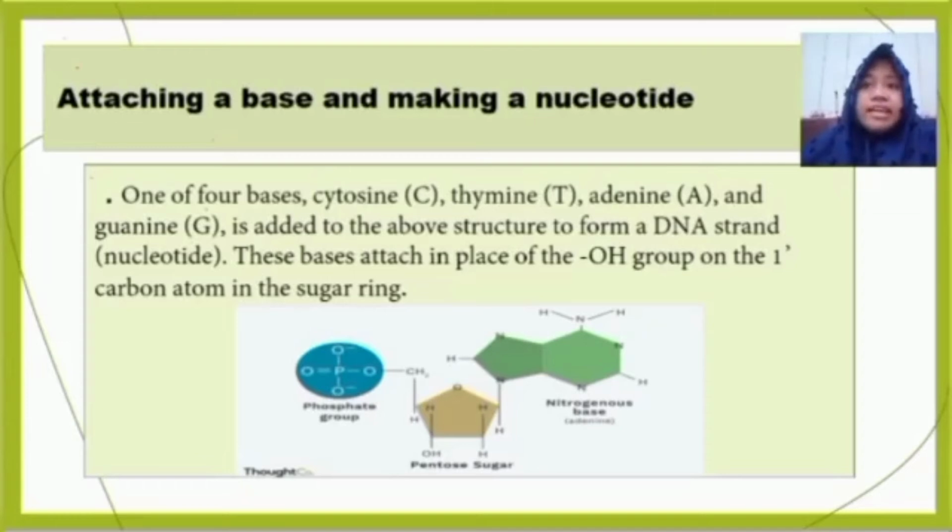Attaching a base and making a nucleotide. One of 4 bases, cytosine, thymine, adenine, and guanine, is added to the above structure to form a DNA strand nucleotide. These bases attach in place of the OH group on the 1 carbon atom in the sugar ring. When a sugar molecule is attached to a phosphate group and the nitrogen-containing base, it forms a nucleotide.